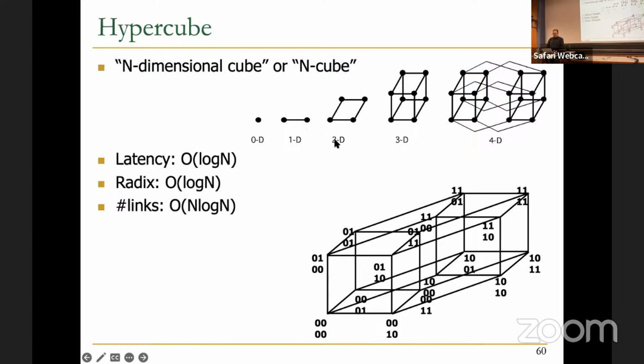Once you have 4 nodes, you can make a 2D hypercube, and this is a 3D hypercube, this is 4D, and you can imagine how you can go to 5D. But the good thing about the hypercube is that latency is quite low, order log n. Why is that? It's order log n.